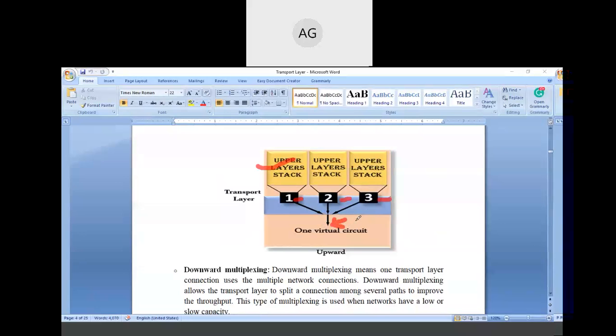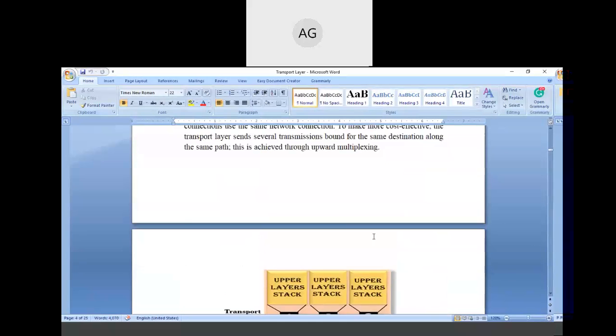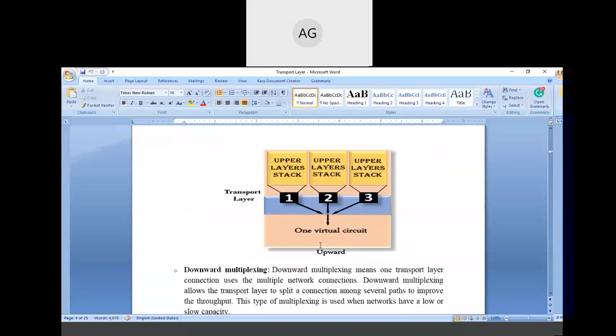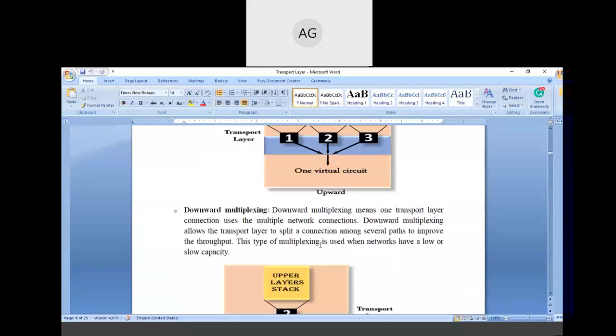This is called upward multiplexing. With the use of upward multiplexing, it is very cost effective. The transport layer sends several transmissions bound for the same destination along the same path. This can be achieved through upward multiplexing.